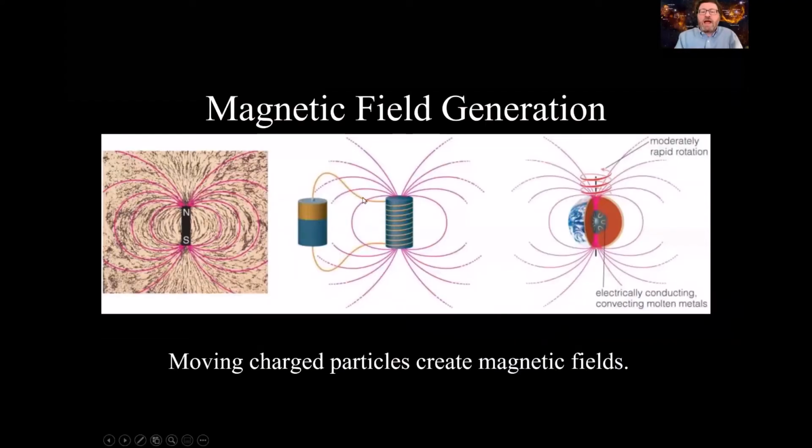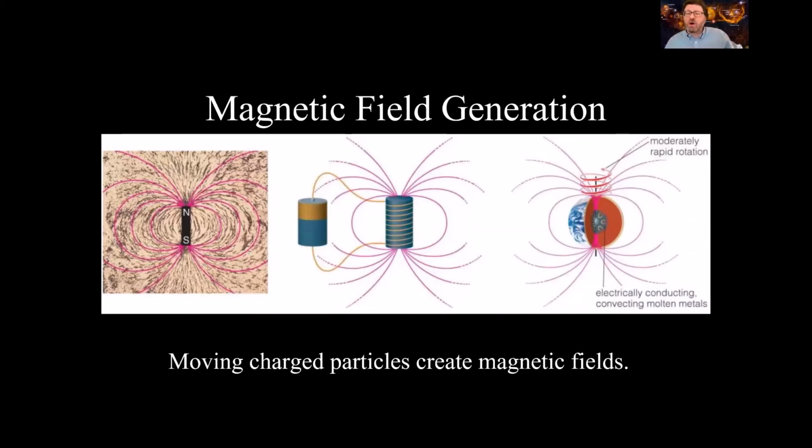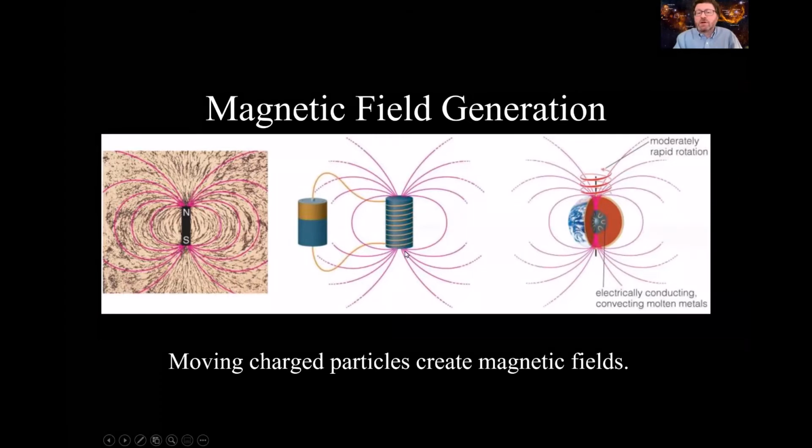In the middle here, we have a solenoid. You know, when you get in a car and you hit the button to unlock the door, or maybe to lock the door, and you hear it make a little bit of a sound and then click. What's going on there is when you hit that button, you close an electric circuit and you start running electricity through a solenoid, a coil, just a wire wrapped around a cylinder.